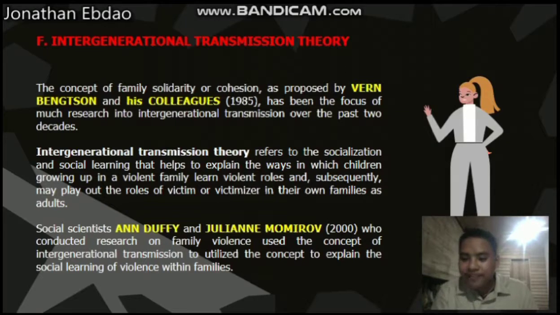Intergenerational transmission theory refers to the socialization and social learning that helps to explain the ways in which children who grow up in violent families learn violent roles and subsequently may play out the roles of victims or victimizers in their own families as adults. In addition, intergenerational transmission theorists state that criminal and antisocial parents tend to have delinquent and antisocial children.